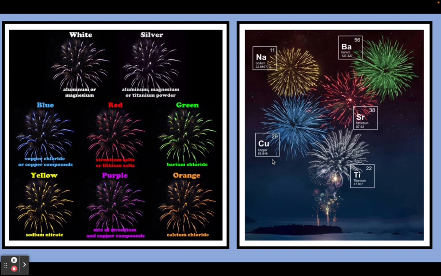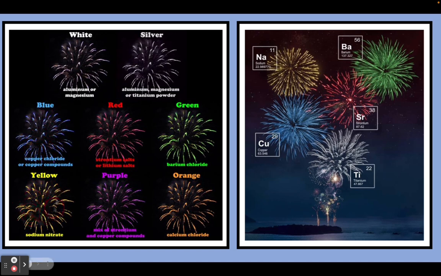And so this is where your fireworks come in. Different fireworks produce different colors because they have different elements mixed in with the firework itself. So if you see blue, that means copper chloride was put in there, or maybe some other copper compound. Copper is a typical element that gives blue.